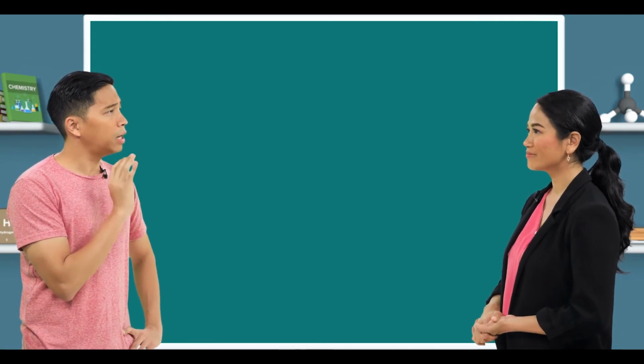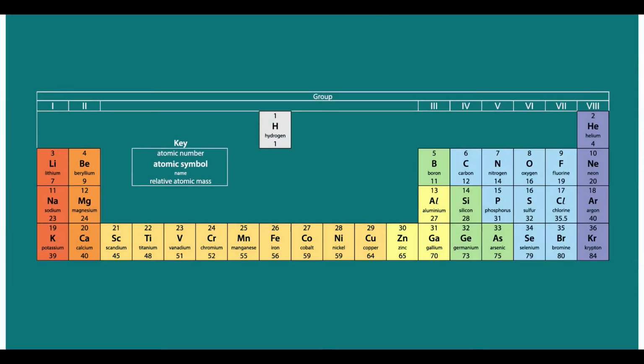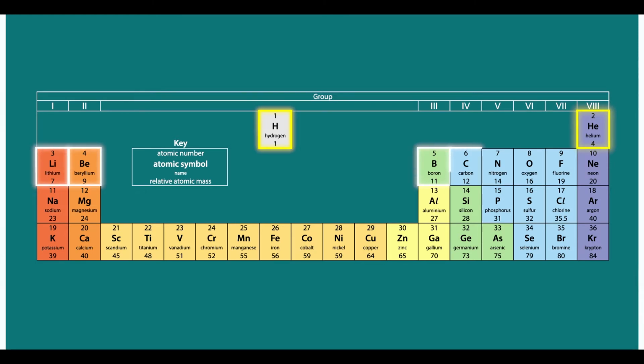I think I understand. Let me try to count for oxygen. For oxygen, I have 1, 2 on the first period and 3, 4, 5, 6, 7, 8 on the second period.